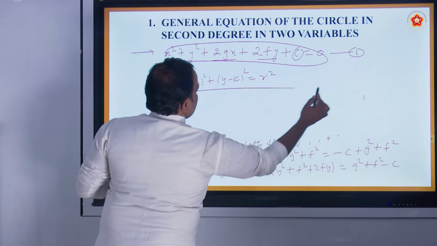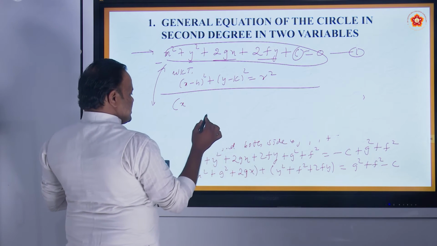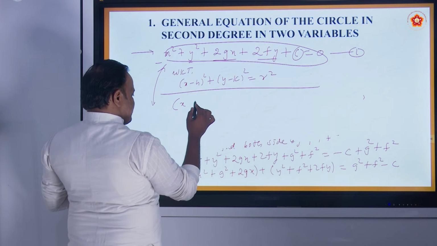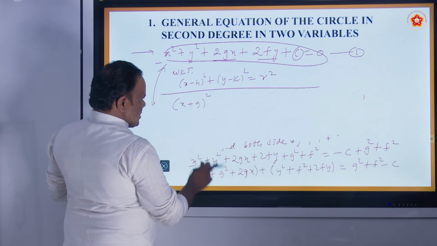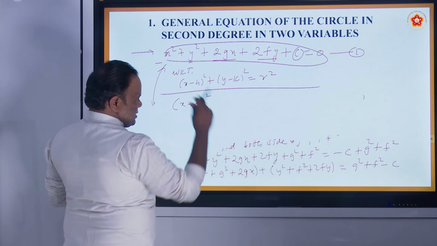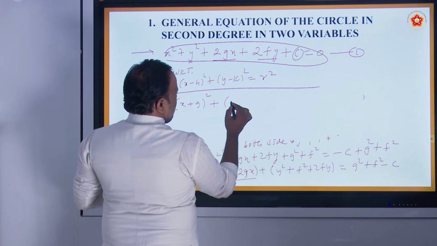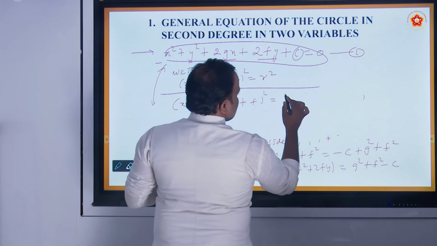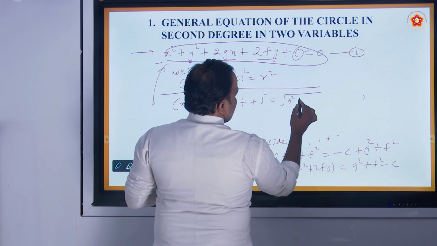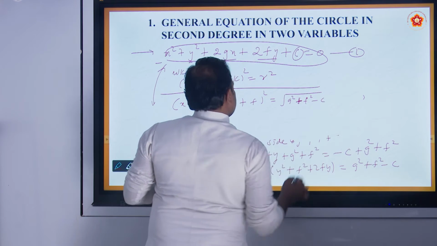So this can be written as x plus g whole square, because x square plus g square plus 2gx is nothing but x plus g whole square, plus y plus f whole square is equal to the RHS, g square plus f square minus c.